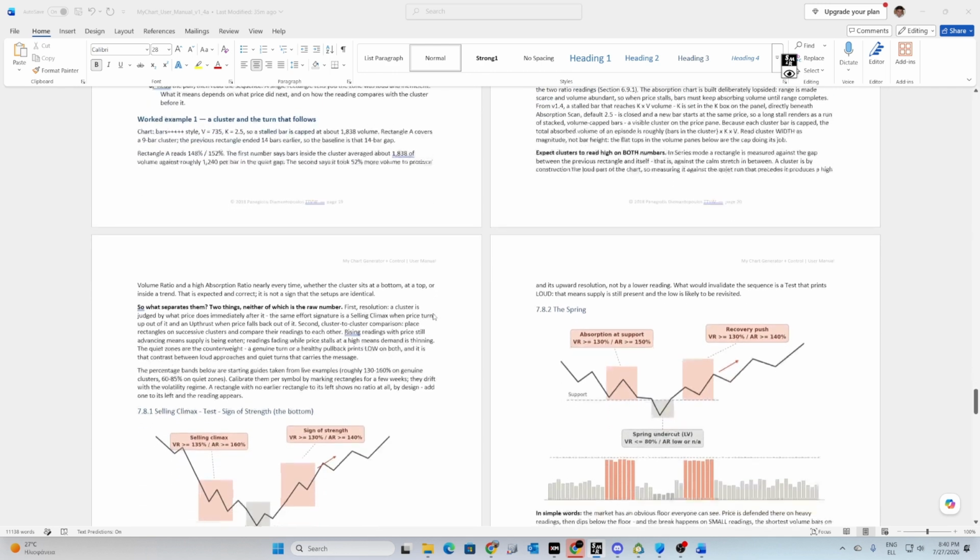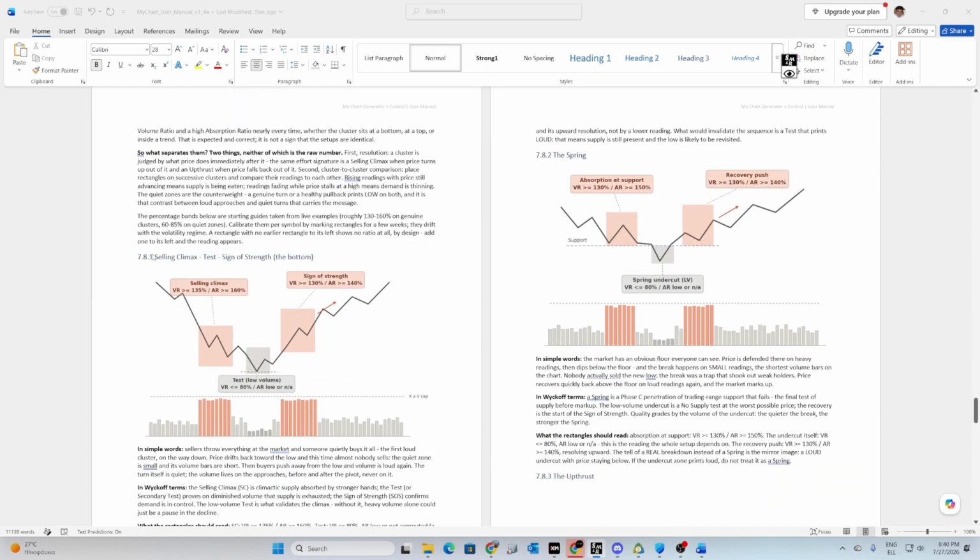Now, this on the left is a selling climax. What's a Wyckoff selling climax? It's a lot of volume coming down, then a test with very low volume, and then volume again. So it looks like a spring, but it's a climax. This is what you will see on your rectangles.